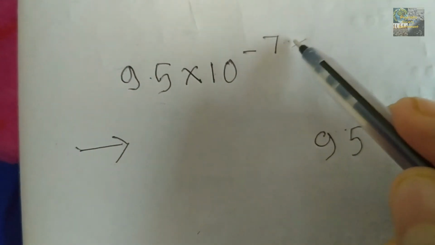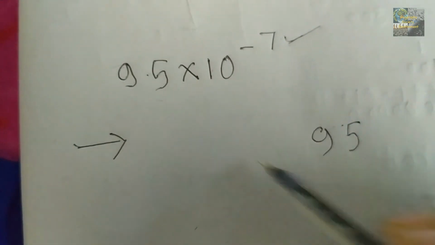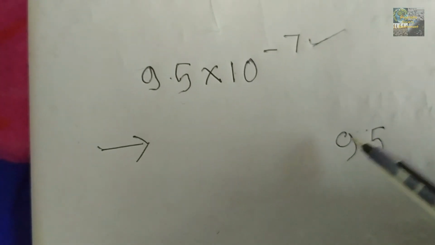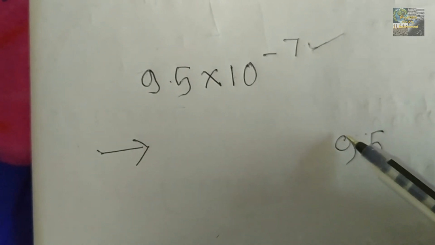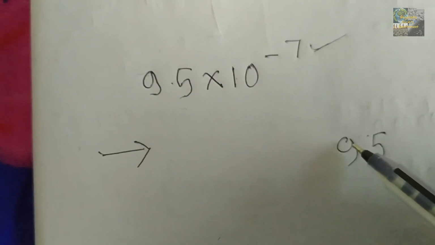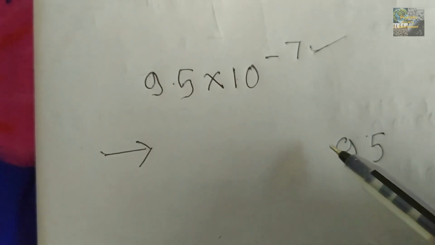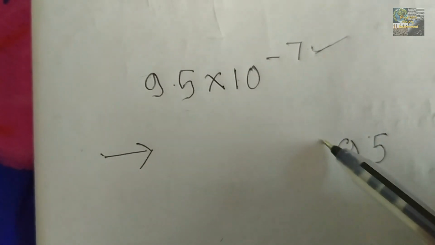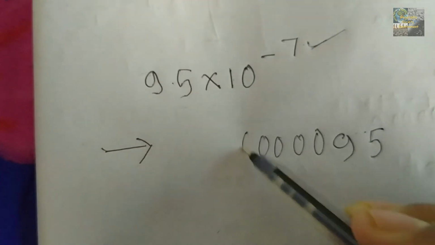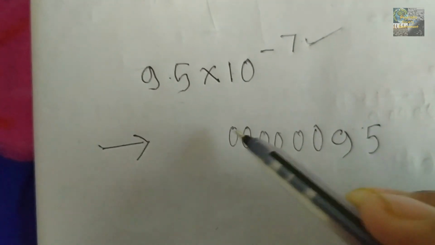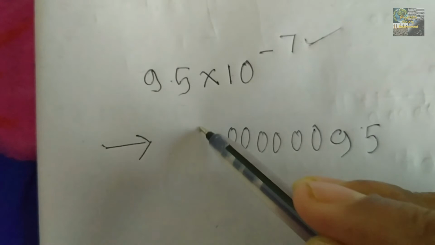The exponent is 7, that's why I have to write 7 digits before the 5 including the 9. The 9 is already placed, so I am going to insert 6 zeros: 1, 2, 3, 4, 5, 6, 6 zeros, then the decimal point and this 0.